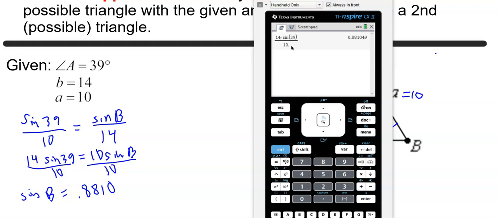So let's go ahead and find this angle. We're going to take the inverse sine using our calculator, of that decimal. I like just grabbing it, so that we get a better representation. So we get angle B equals 61, and that seems reasonable, 0.7691.